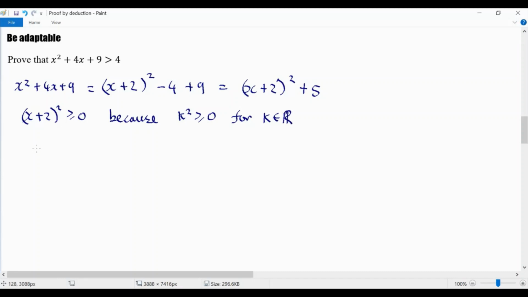And then, therefore, x plus 2 squared plus 5 is greater or equal to 5. Therefore, x plus 2 all squared has got to be greater than 4 because 5 is greater than 4.